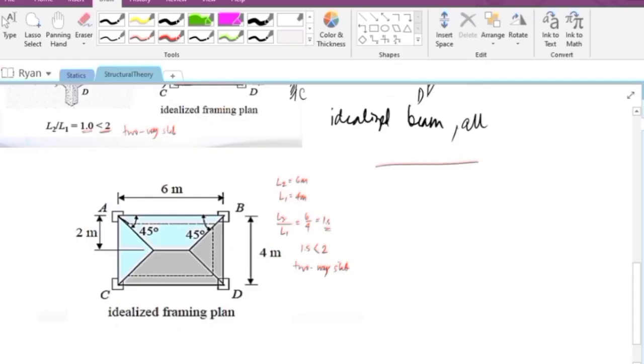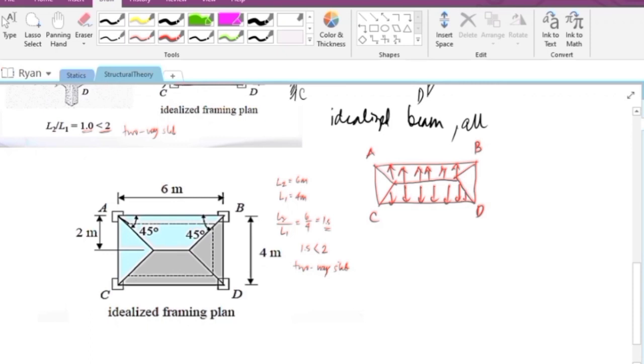For the two-way slab, what we will do is take 45 degrees here and 45 degrees here, and just a straight line here. So meaning, this side, AB, will have a trapezoidal load, and the beam CD will also have a trapezoidal load.